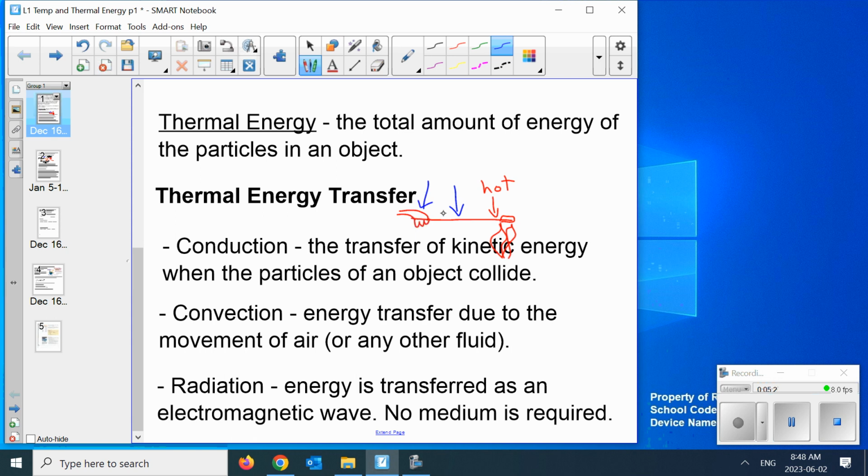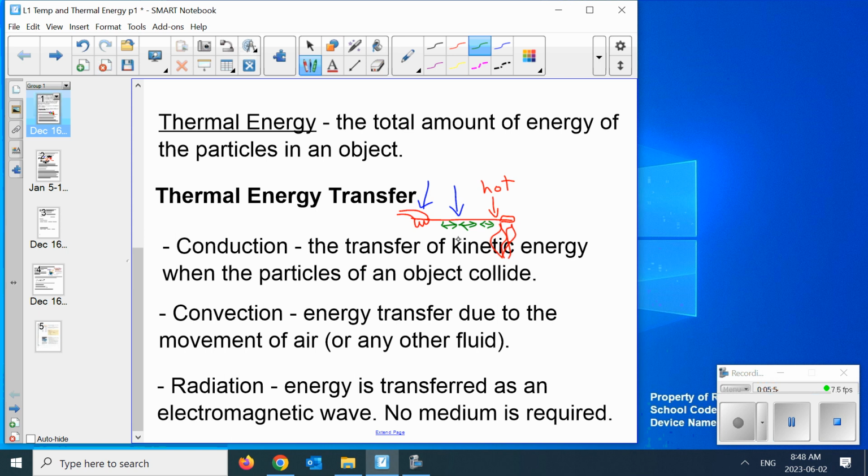It won't be instant. But that's conduction. Why? Because when it heats up, the molecules in the wire that are over the flame are vibrating back and forth, back and forth. It bumps into its neighbor, then they start vibrating back and forth. It bumps into its neighbor, and eventually the heat is transferred by conduction. You think of it that way.